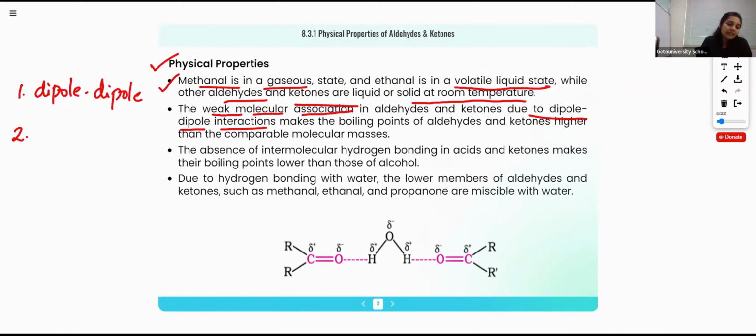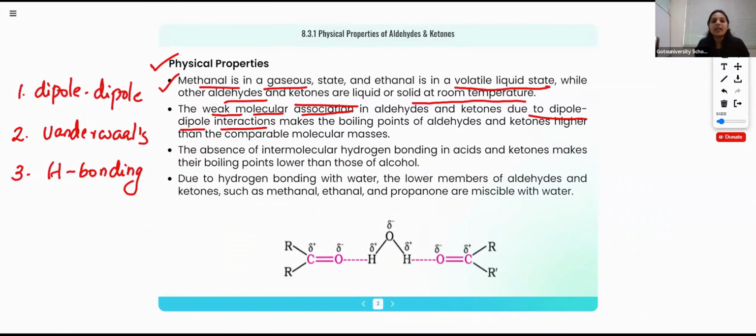Second one is van der Waals force. And the third one is hydrogen bonding. These are the three types of intermolecular forces. In the case of aldehydes and ketones, one of the important types of intermolecular interaction is dipole-dipole interaction.